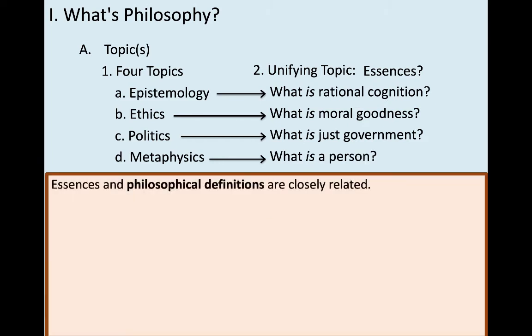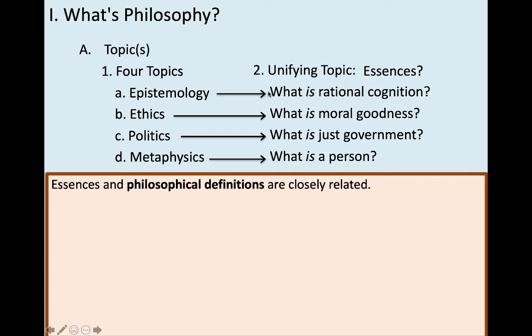Now, essences are closely related to philosophical definitions, and this should be unsurprising given that we introduced the notion of definition when talking about necessary and sufficient conditions, and we defined essences by talking about necessary and sufficient conditions. You would expect definitions to be closely related to essences.